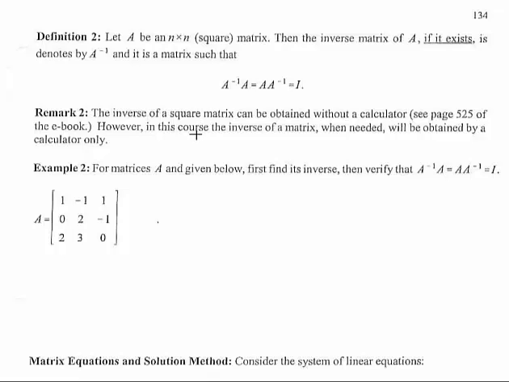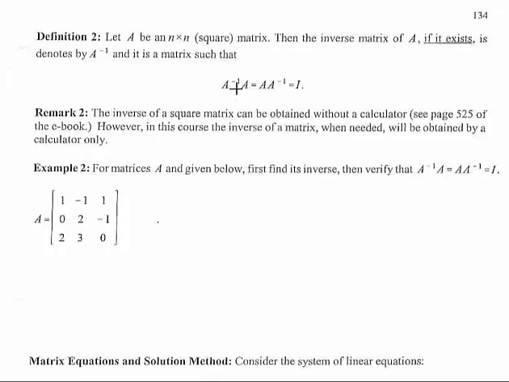Okay, definition 2 defines the inverse matrix of a particular matrix. Each matrix has its own inverse. Depending on the dimensions, every matrix pretty much has the same identity matrix.